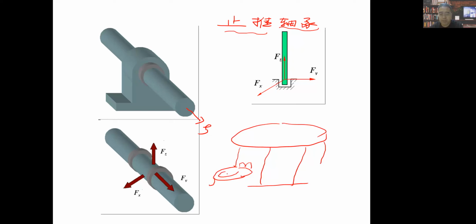So kids can sit on here, right? It will run like this, and when the rotation movement happens, this one can also move along this direction, up and down, right? Actually, the key mechanism is here. It has a thrust bearing, right?